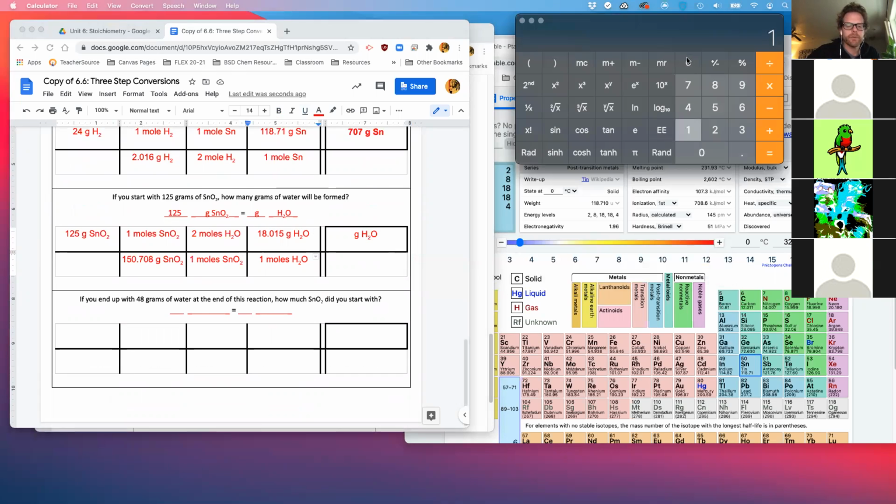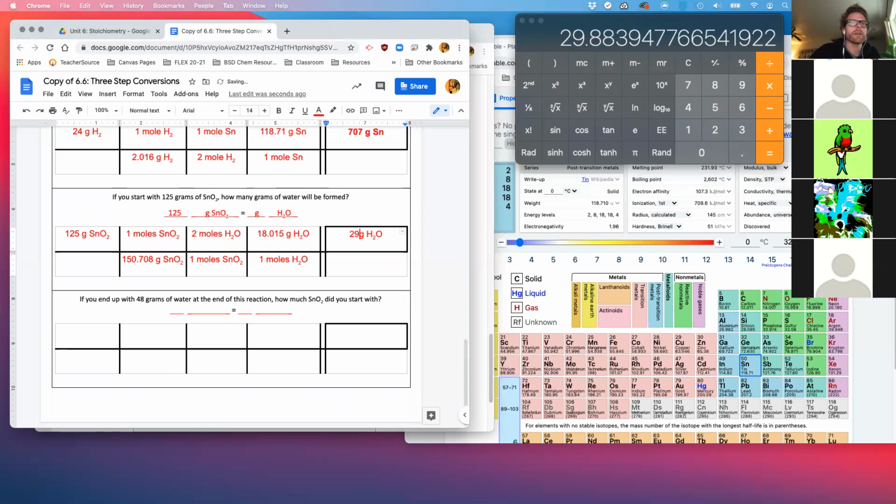All right, I have 125 times 1 times 2 times 18.015, divided by 150.708, divided by 1, divided by 1 equals 29.88. I'm going to say 28.9. I think I made a mistake in there, but I'm not 100% sure.